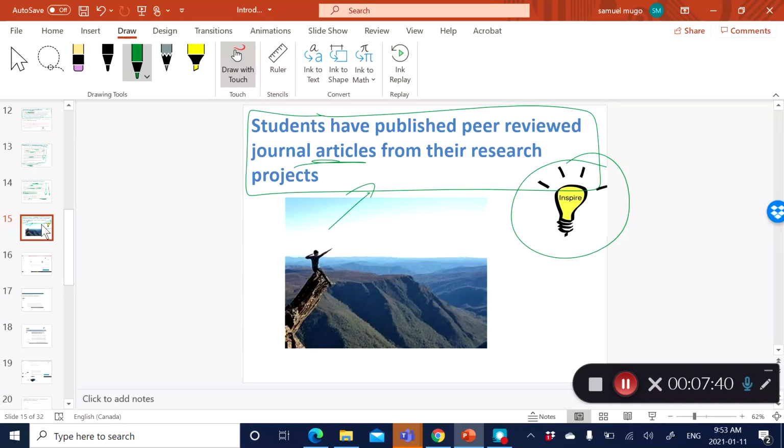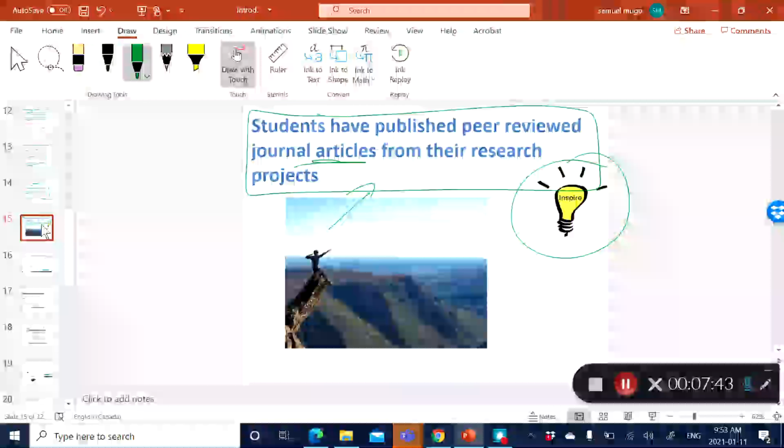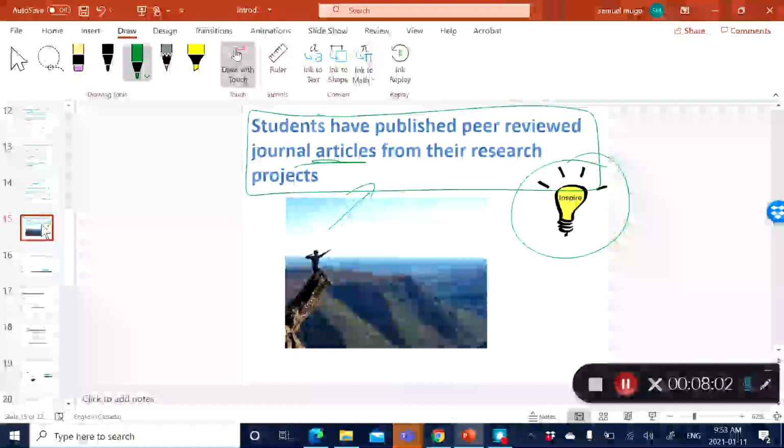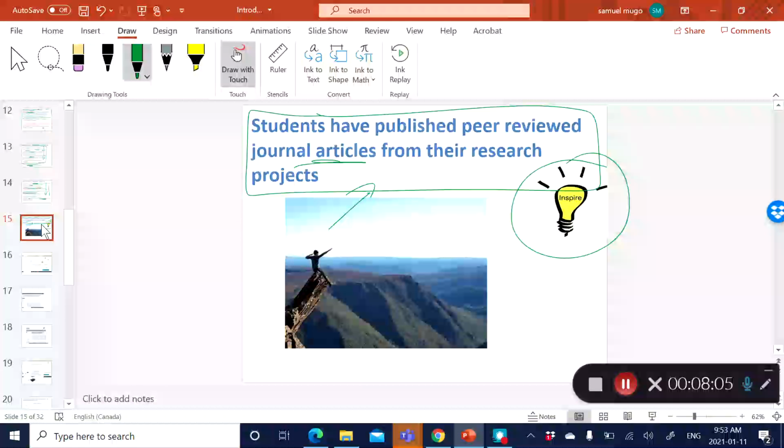graduate school programs. But even if you don't intend to go to graduate school and you intend to go and get a job, having published a peer-reviewed journal article shows the excellence of your work. And it shows how independent you can be in critical thinking, and also solving problems.